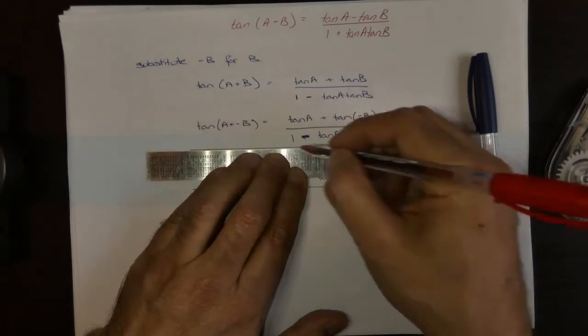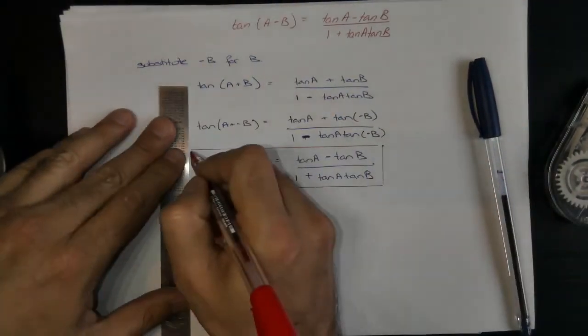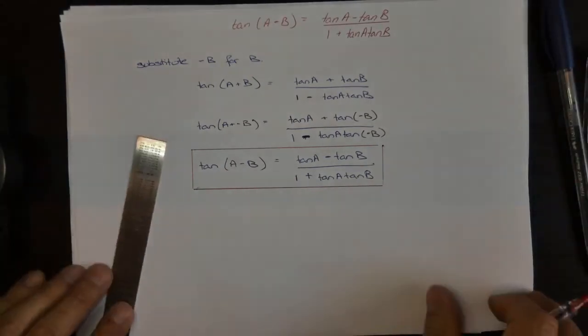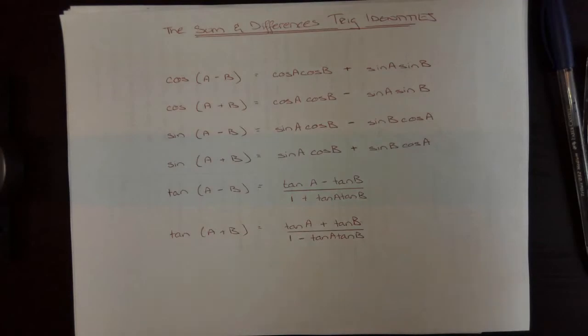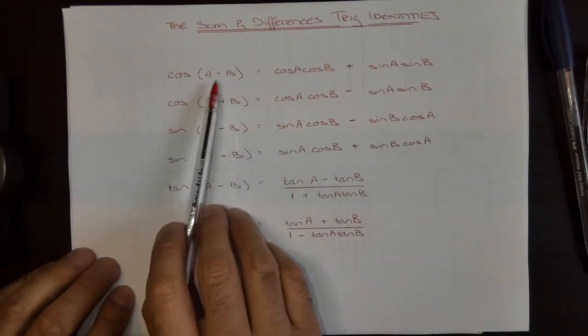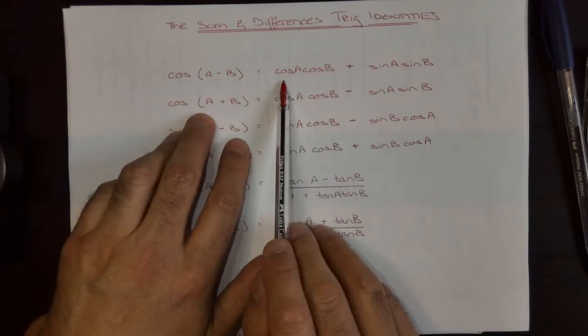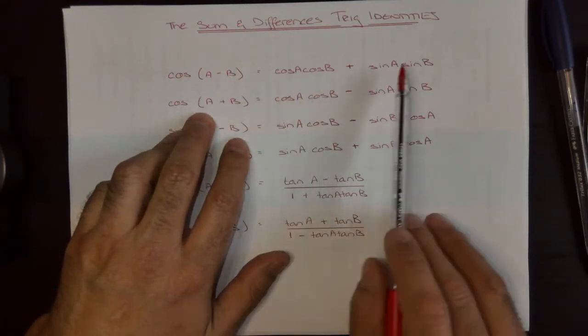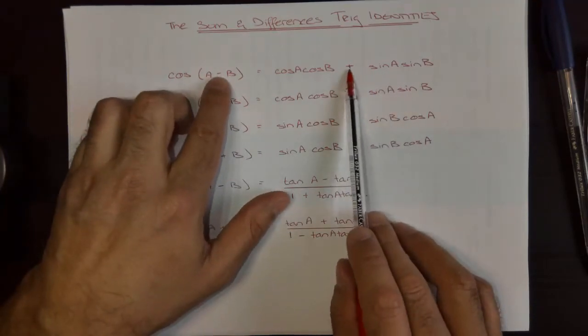And there is our last identity of the sum and differences of angles. As a summary, we have cos of A minus B. The cosines stay cos, sine, sine, but the symbols change.